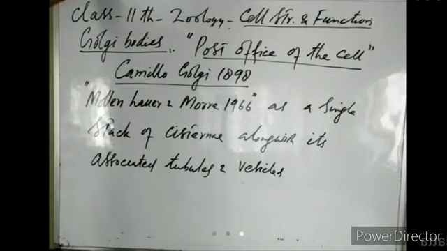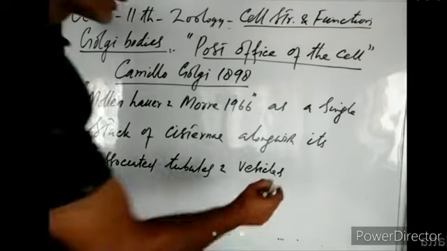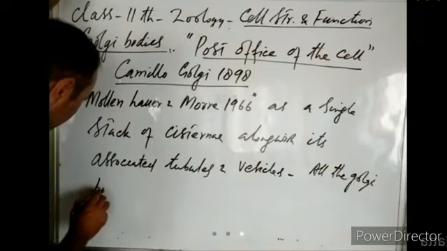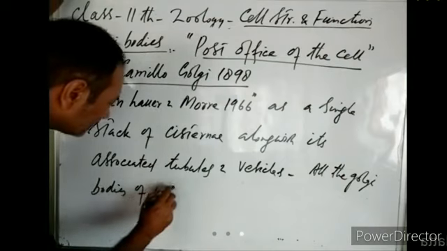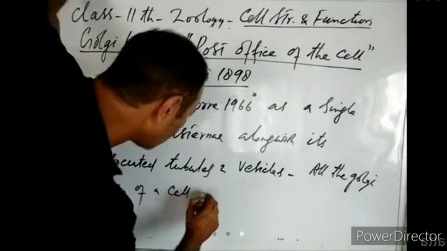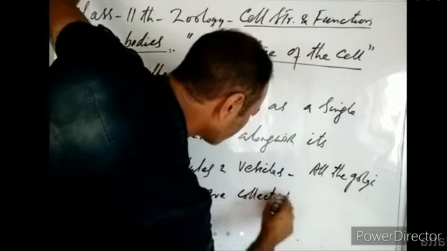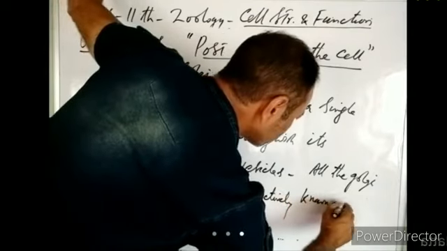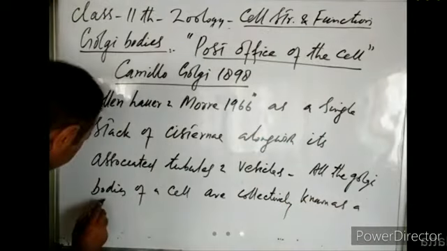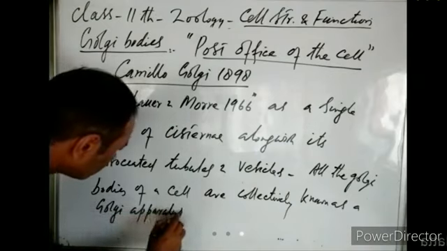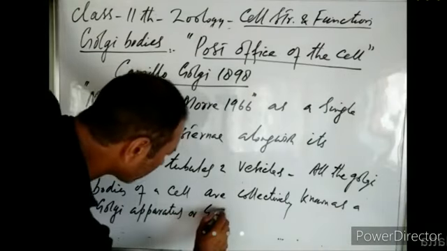But a cell does not have a single Golgi body. A cell may have more than one Golgi body. Then all the Golgi bodies of a cell are collectively known as a Golgi apparatus or a Golgi complex.